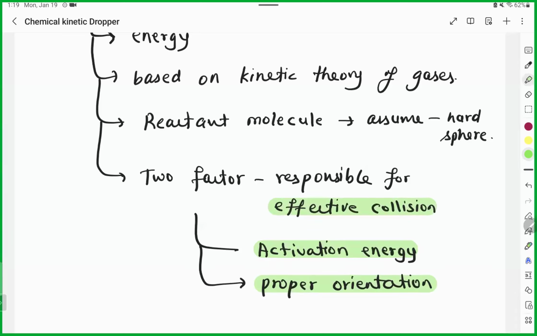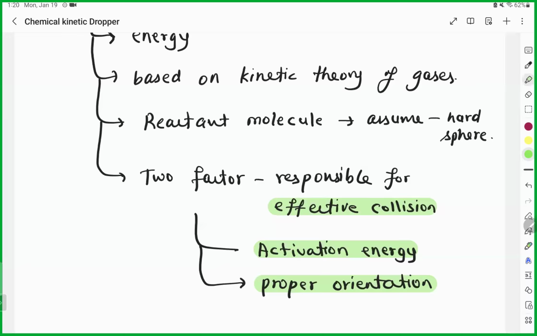For example, regarding activation energy, imagine you are talking to someone in a business meeting. If your energy is low, then your communication will not be effective. Just consider effective communication instead of effective collision. Two things: your energy level and your orientation, more than dressing sense, like how you behave.